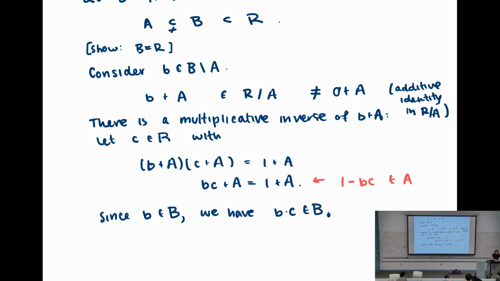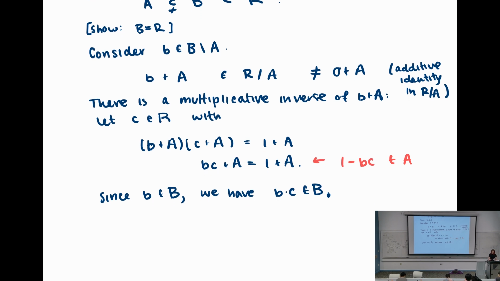Okay, so 1 minus bc is an element of A, and A is a subset of B, so that means that 1 minus bc is an element of B as well.